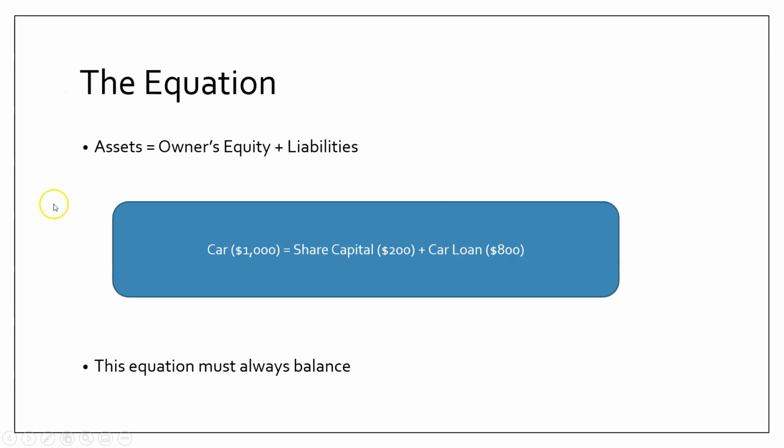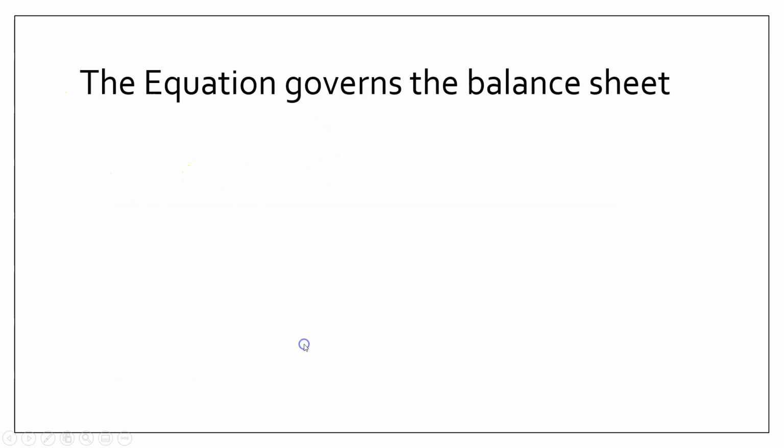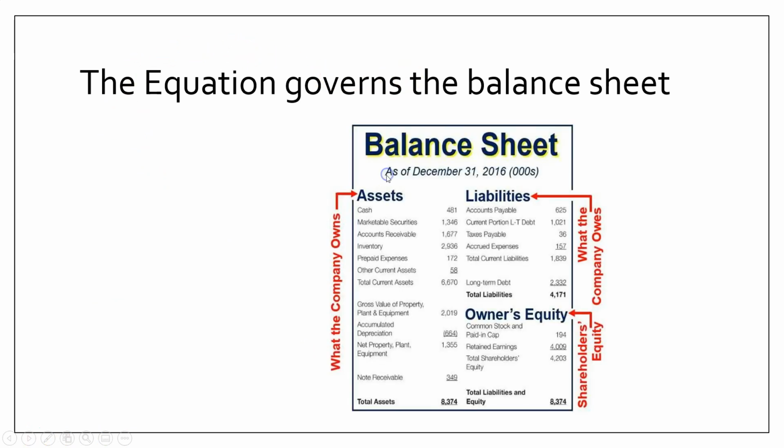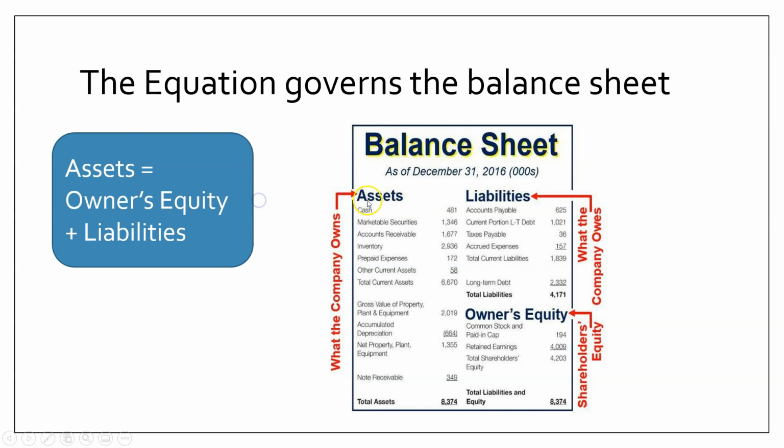This is an equation, and so the equation must always balance. Another important thing to note is that the equation governs the balance sheet. If we look at a standard balance sheet here, you can see we have assets on the left and liabilities and owner's equity on the right. We've got our equation back here, assets equals owner's equity plus liabilities.